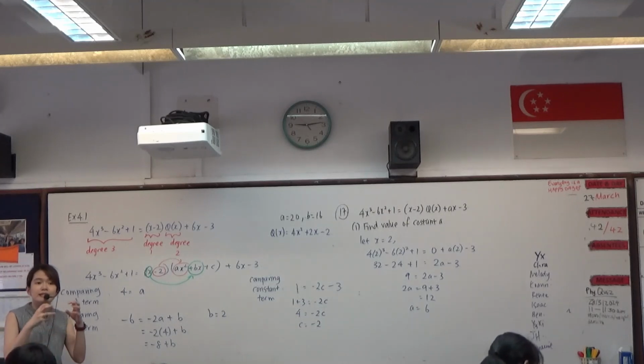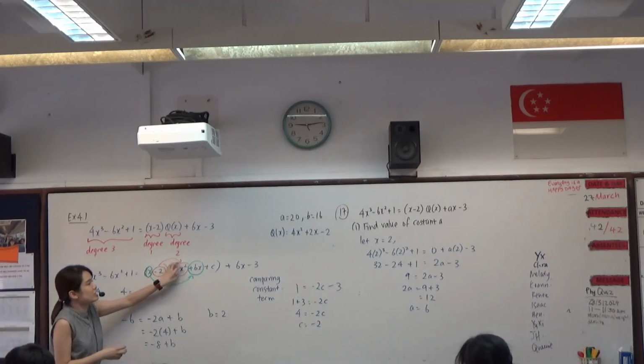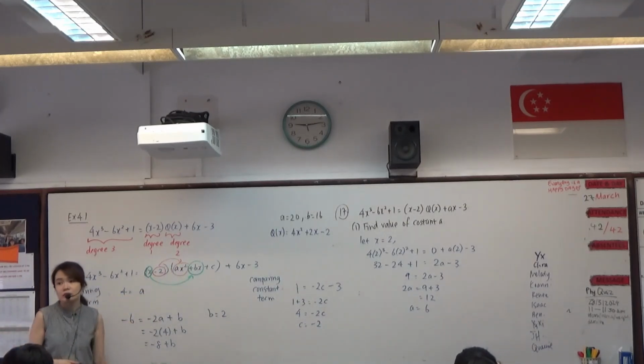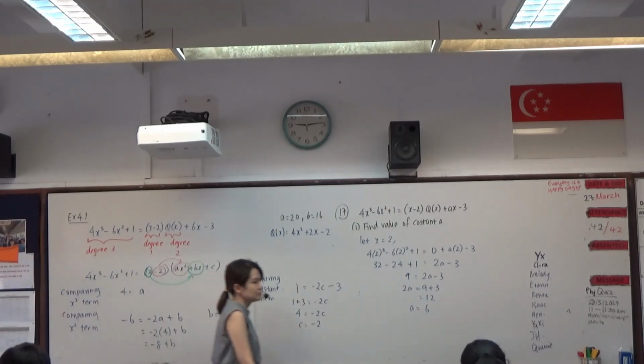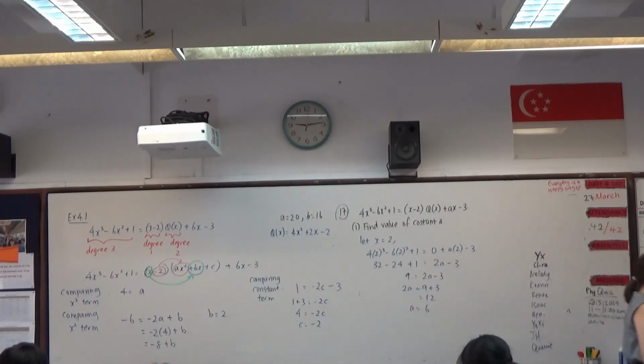You want to create zeros so that you can ignore some of the unknowns. Questions? We will practice this skill a lot more when we hit partial fractions. I think that's chapter 4.5 or 4.4.